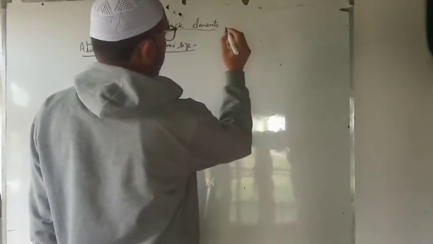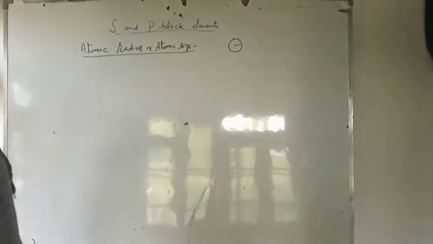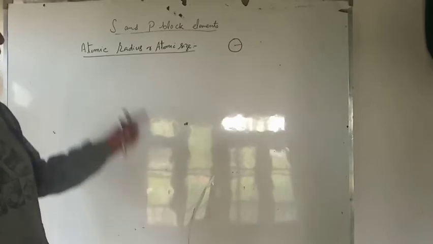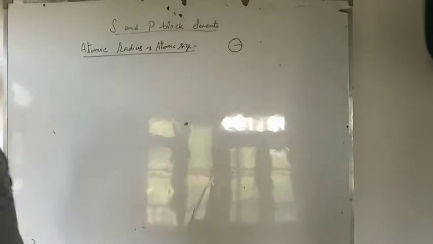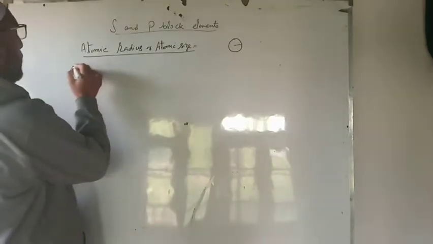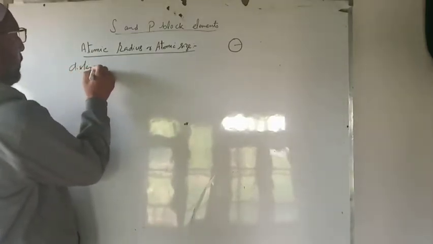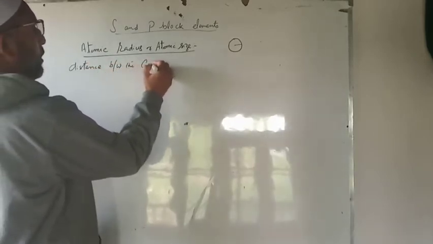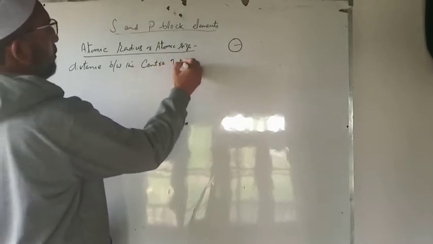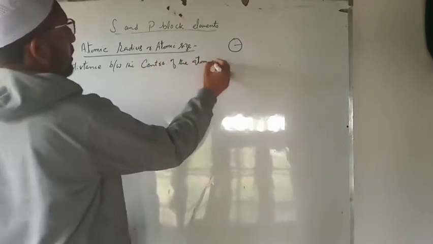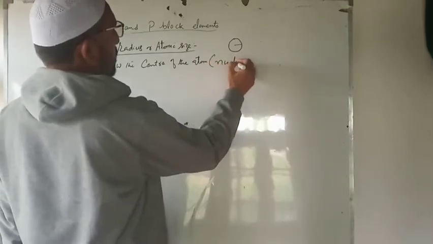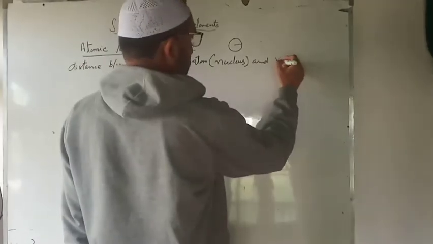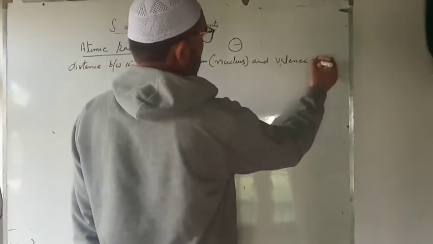As you know, the radius is the distance from the center of the circle to the circumference. And in the case of atoms, the atomic radius is the distance between the center of the atom, that is the nucleus, and the outermost shell, which is called the valence shell.